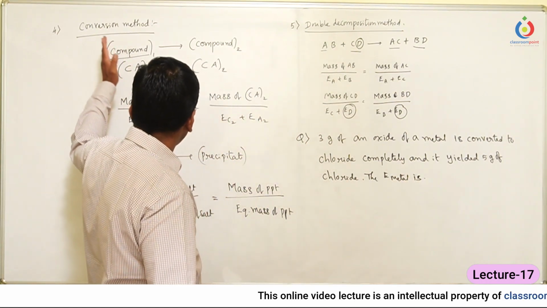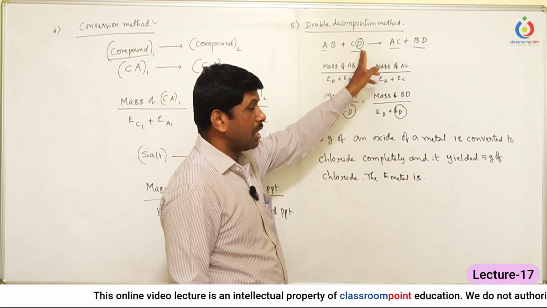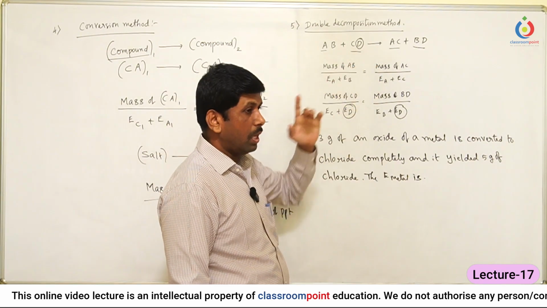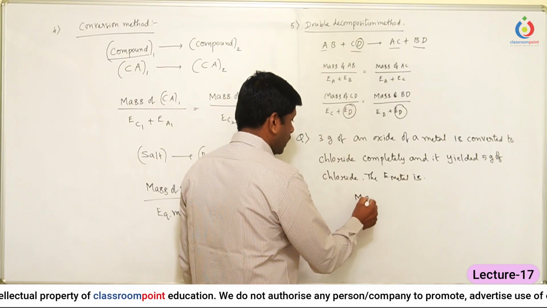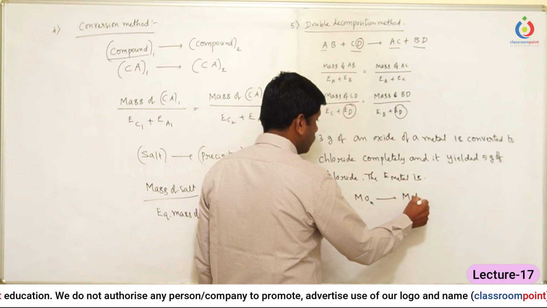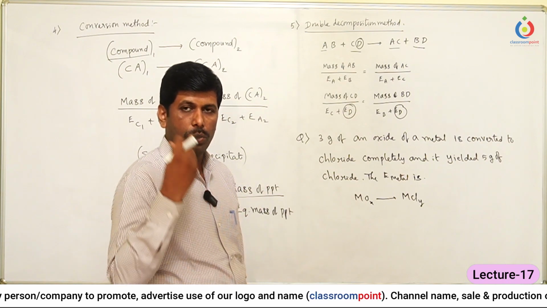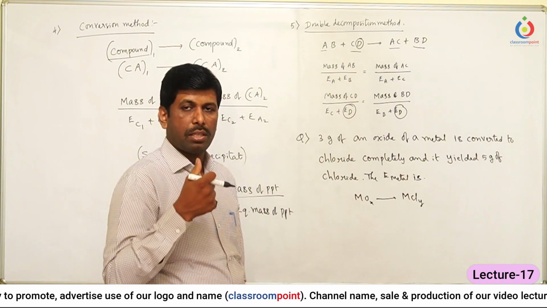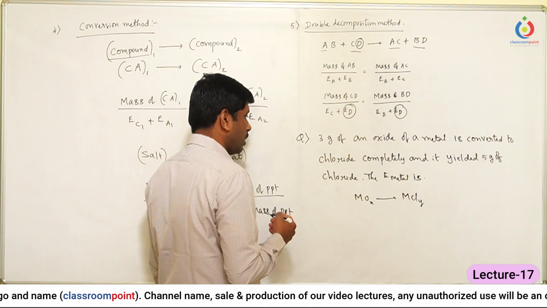So this looks like conversion of compound A into compound B, or else double decomposition. Double decomposition means here you need two compounds. Anyhow, let us see here. One metal oxide, some X, is converted into the metal chloride. We don't know their valencies, so always we have to remember our basic thing: the number of gram equivalents equals the number of gram equivalents of the other compound.